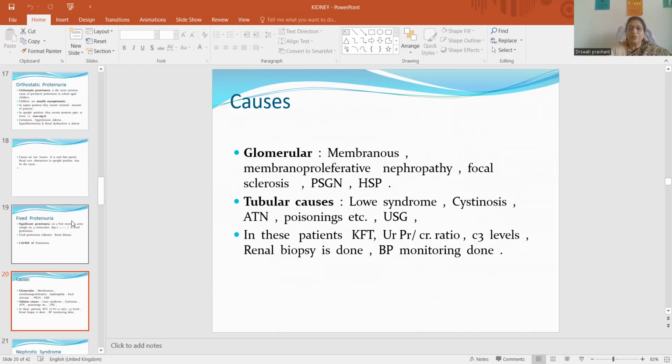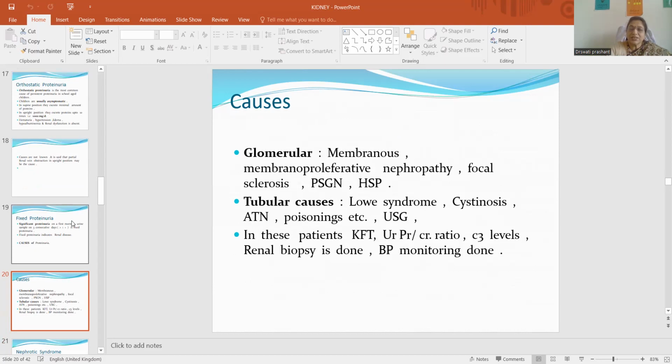Focal sclerosis, post-streptococcal glomerulonephritis, or Henoch-Schönlein purpura may be the causes of proteinuria. Tubular causes are Lowe syndrome, cystinosis, acute tubular necrosis, poisonings, etc.